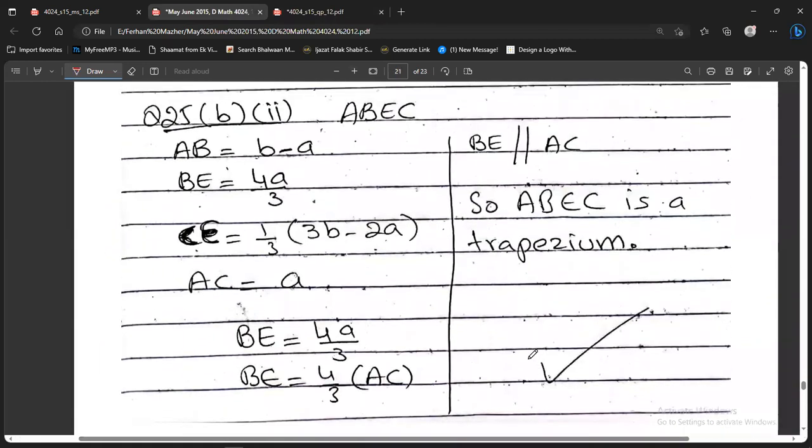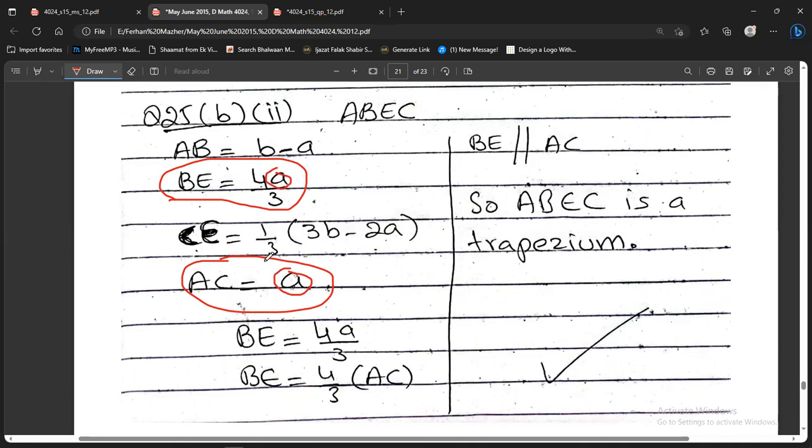The ABEC quadrilateral, AB side is B minus A, BE side is 4A by 3, the CE side is 1 by 3 of the 3B minus 2A, and the AC side is A. If you look at these two sides, their basic vector is A. It has some number with it, but there is no problem with this number.